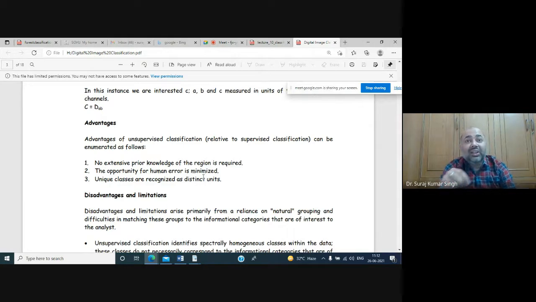Like if I have selected a signature in which I am stating that it's agricultural land, but the signature I selected consists of agricultural land, wasteland, and settlement, because a few pixels of wasteland and a few pixels of settlement were taken as a signature in the signature editor for supervised classification. So there can be error because we are inducing the error, that is a human induced error, and that differs from person to person.